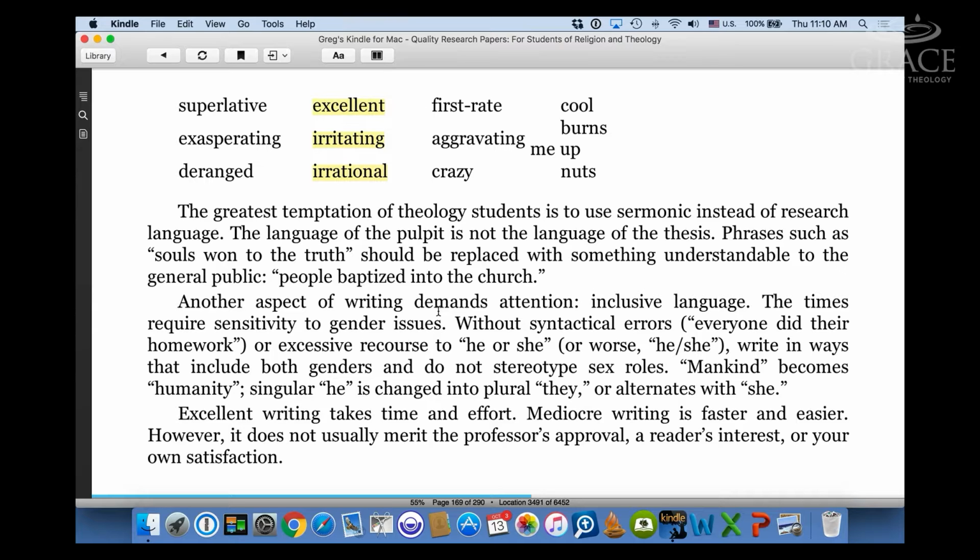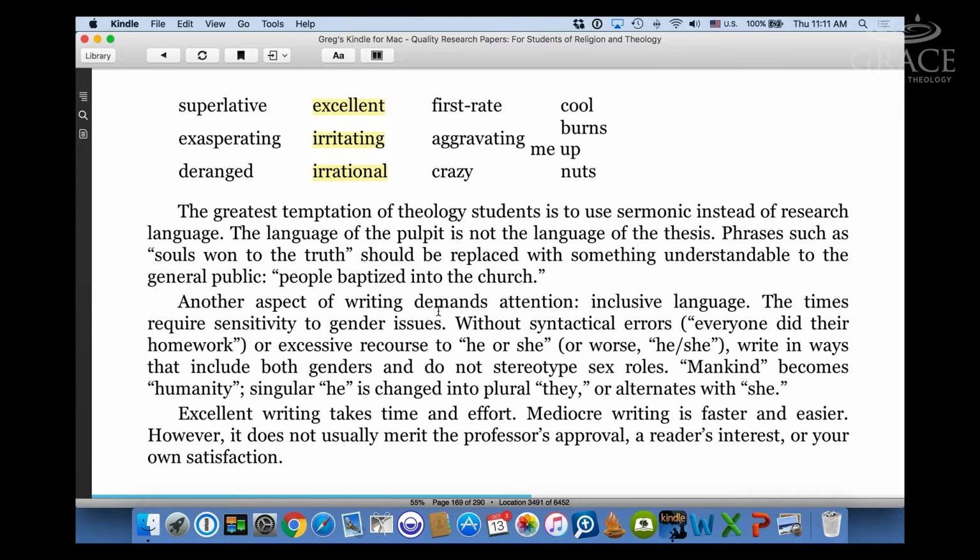And she points out here that a great temptation of theology students is to use sermonic language rather than research language. So you're not preaching in these papers. Try to avoid the language of the pulpit. So don't be too formal, don't be too casual.